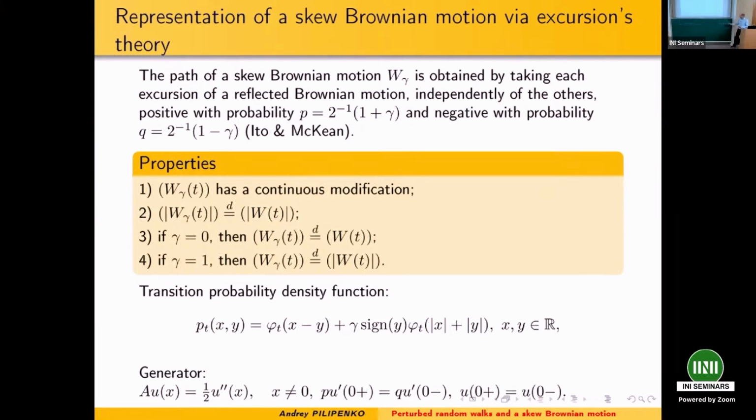Random walk is defined only at integers instead of time, but I made this picture. From this definition, you can see that this process is continuous. The absolute value of skew Brownian motion has the same distribution as the absolute value of Brownian motion.